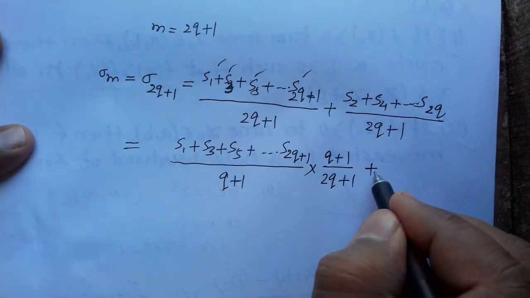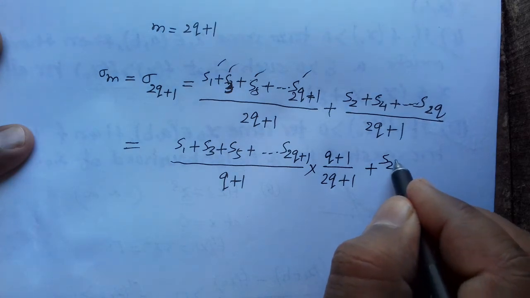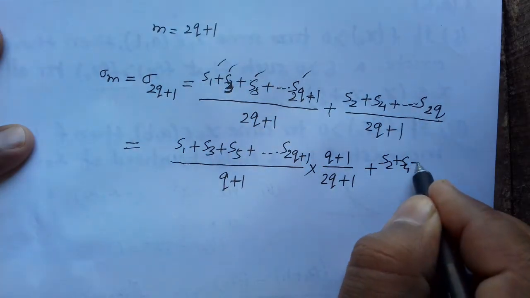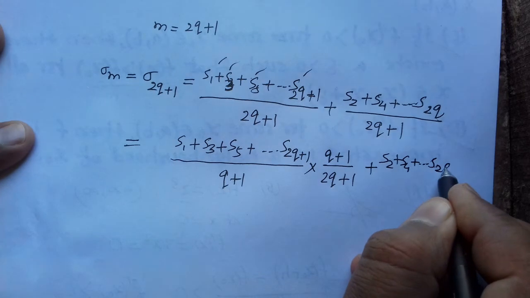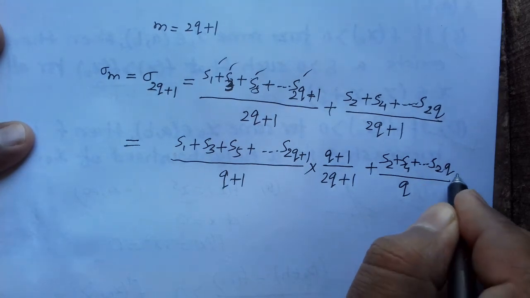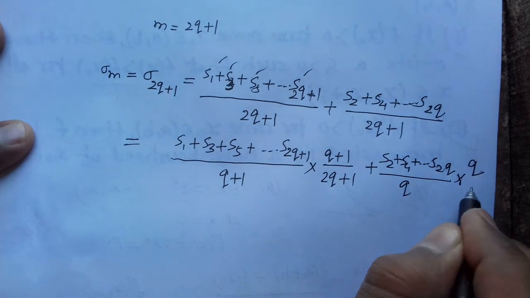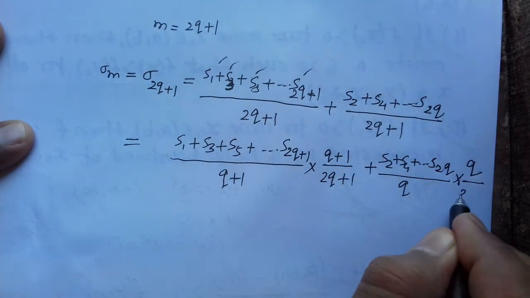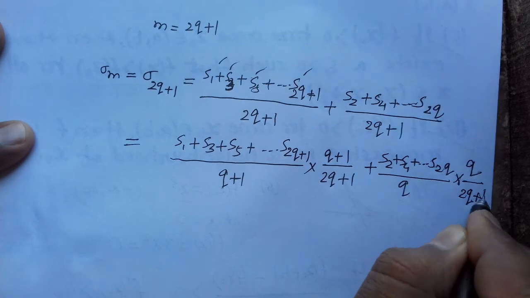In the same way, for the even ones the number of terms is q, so we write q, and 2q plus 1 is already here.